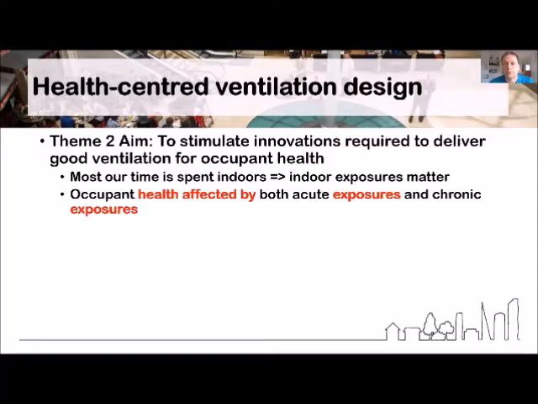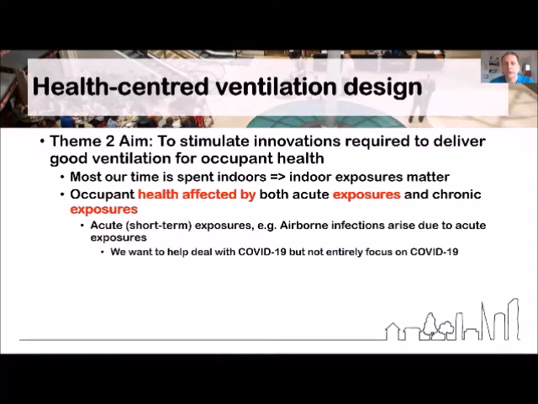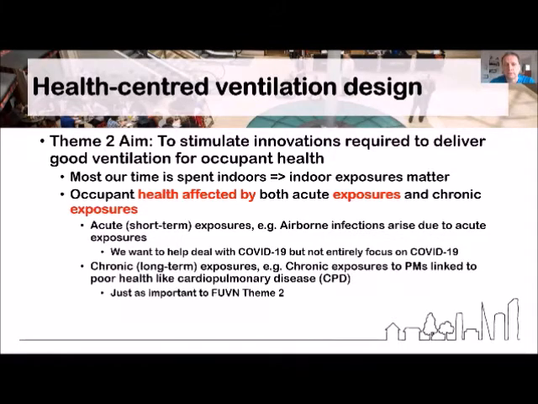is affected by our exposures, but on two very different timescales. So we're affected both by our acute exposures and our chronic exposures. And so if we just think about those short-term exposures, they do affect airborne infections, and that's especially relevant in the context of COVID-19.